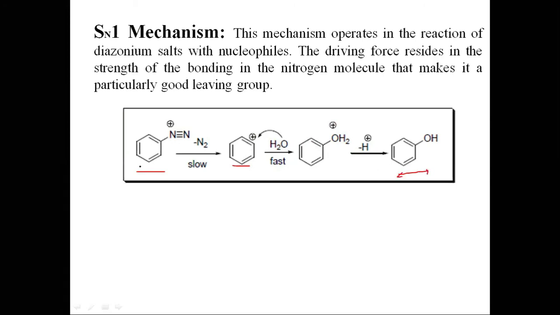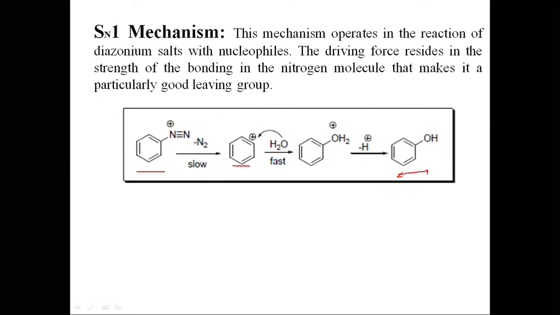So if you have a diazonium salt substrate, you can also perform the SN1 mechanism. In this case, why SN1? This forms a reaction intermediate, a phenyl cation. Then the nucleophilic attack is in a two-step fashion, similar to that of the SN1 mechanism.